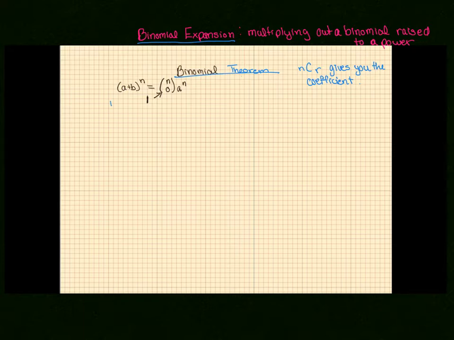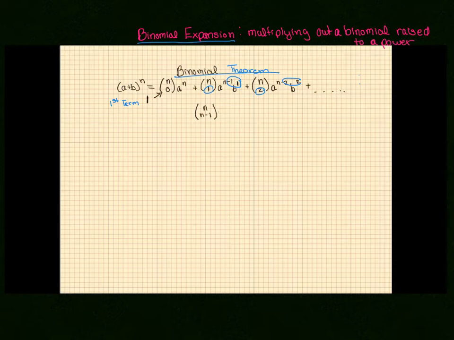Okay, then our next term would be n choose 1 times a to the n minus 1 and b to the first power. Then our next one would be n choose 2, a to the n minus 2 and b to the second power. And so we can keep going until we get to, let's say, n choose n minus 1, whatever that ends up being.